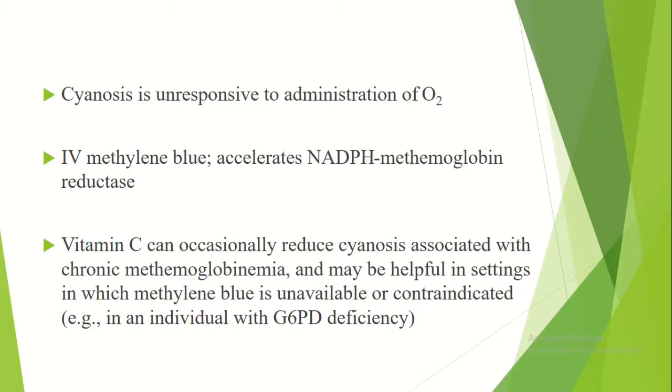We treat them by giving them IV methylene blue, which accelerates the NADPH methemoglobin reductase, and this enzyme is going to transfer electrons from the NADPH into methemoglobin, and this is going to reduce it into ferrous hemoglobin Fe+2 that can bind oxygen. And the way by which I remember this is that the word methylene blue starts with METH, and the word methemoglobinemia starts with METH as well.